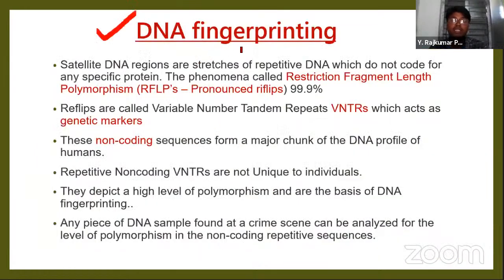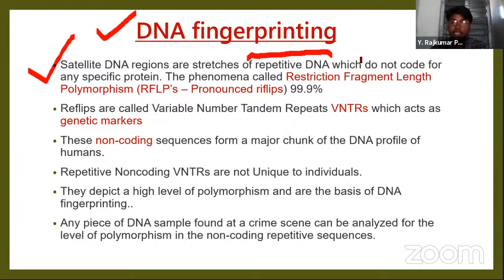First of all, let's know what DNA fingerprinting is and how we take this printing. Satellite DNA regions are stretches of repetitive DNA. We have just discussed in the Human Genome Project that around 97% of the DNA is repetitive, isn't it? So this repetitive DNA is the basic point for human DNA fingerprinting.